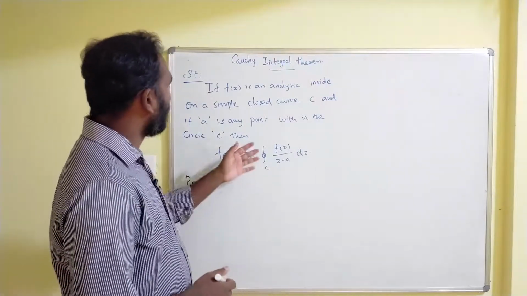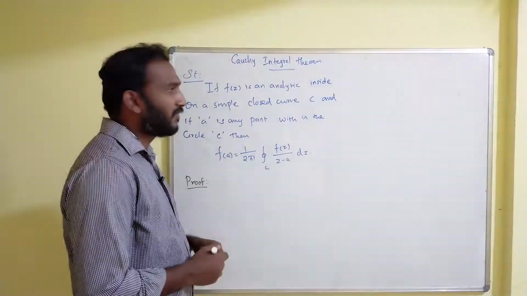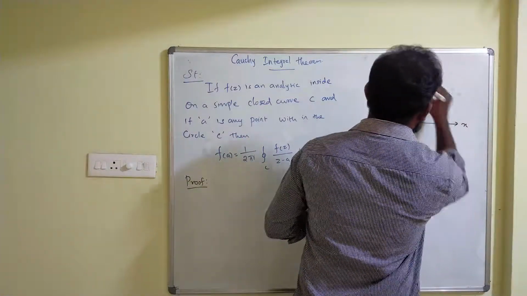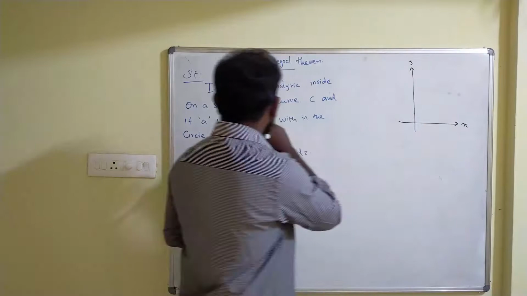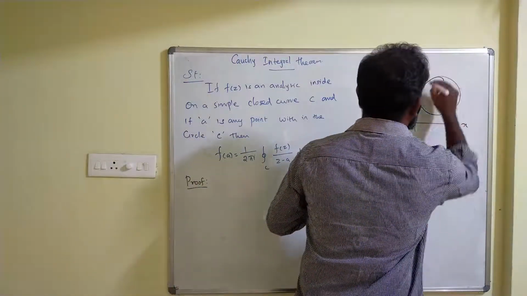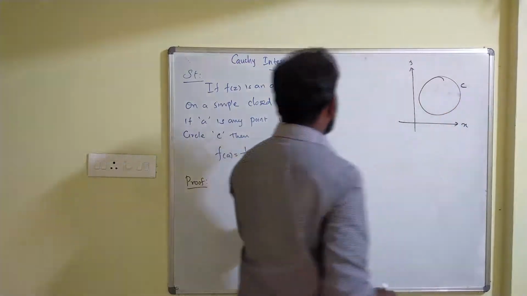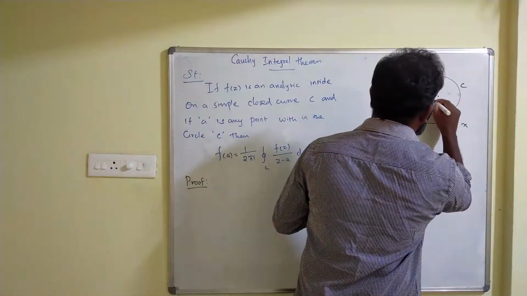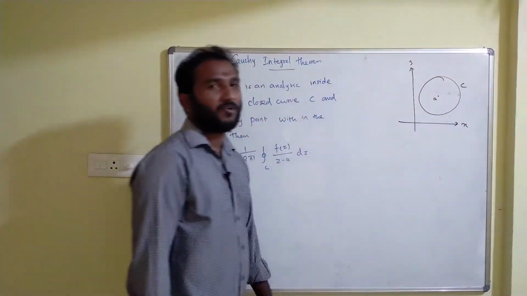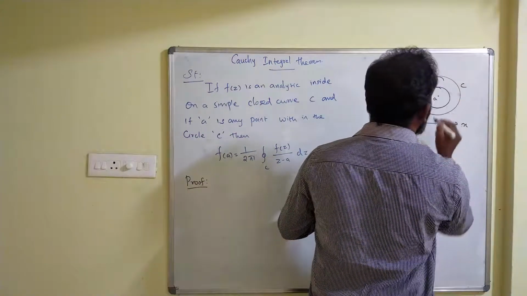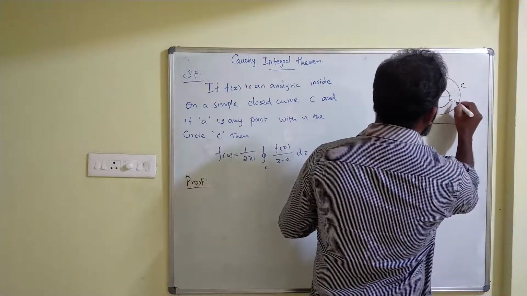Before going to prove this theorem, I'll take the x-axis and the y-axis. Given that C is any closed curve, let us take C as the closed curve, and within the curve, A is any point. So this is the point A. I'm going to consider one more circle, which is inside the given curve, with radius r.